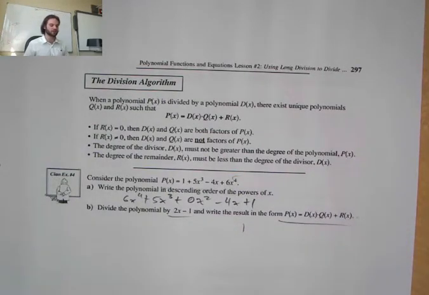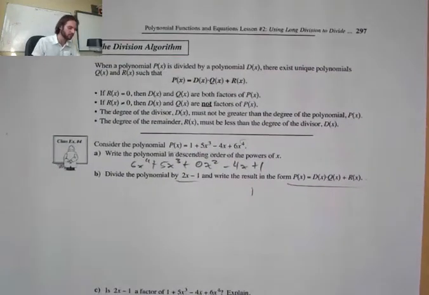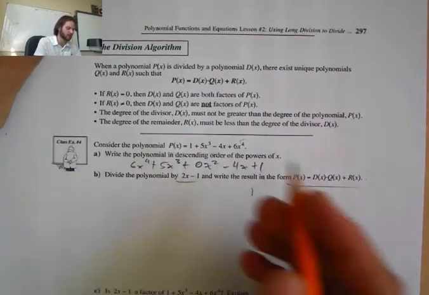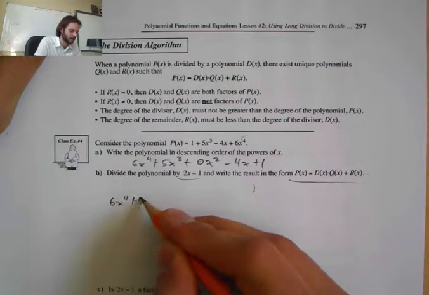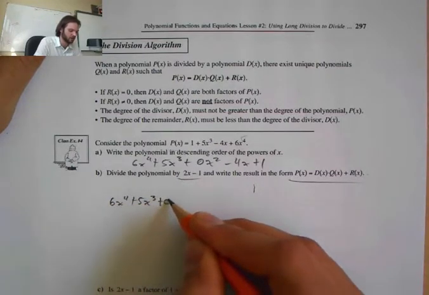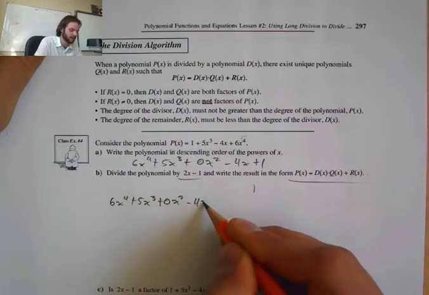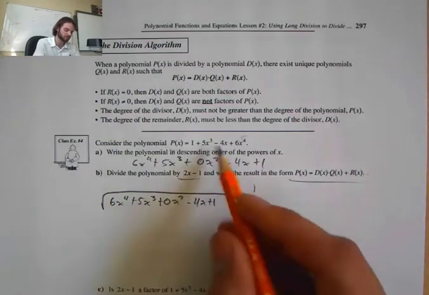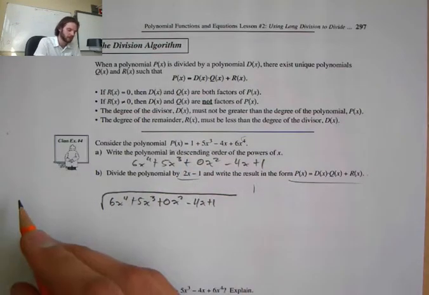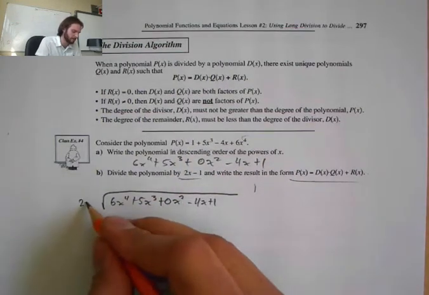So now we're writing it into the other form. So we go 6x to the power 4 plus 5x cubed plus 0x squared minus 4x plus 1, all divided by 2x minus 1.